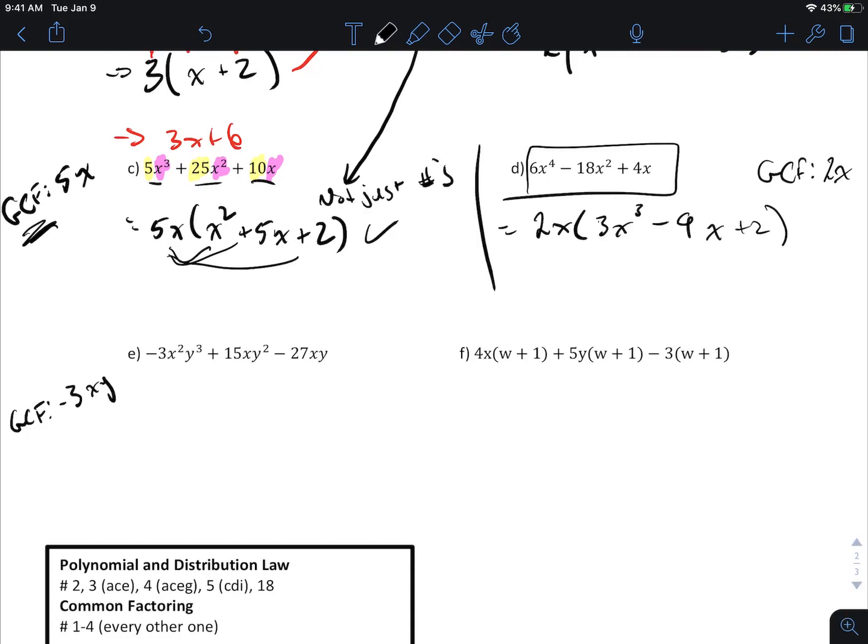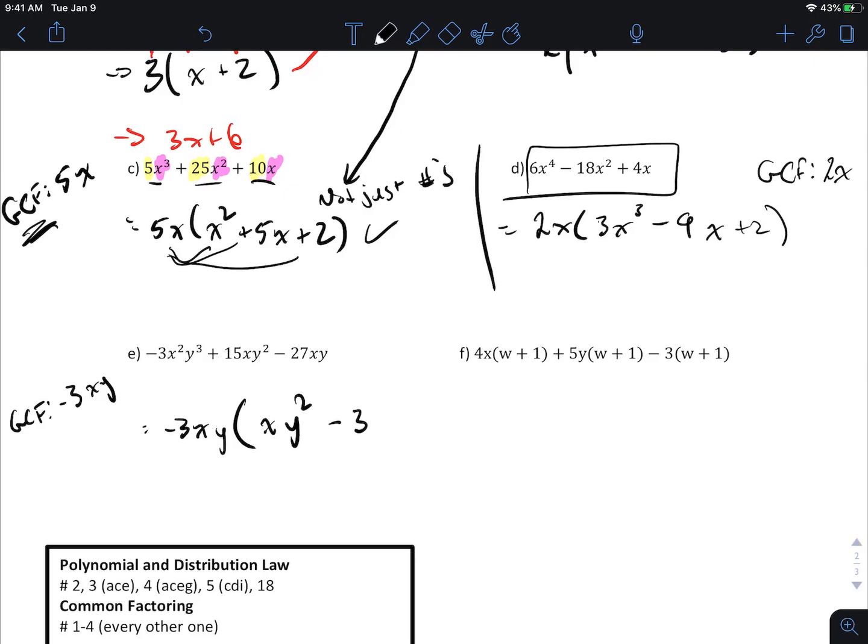Now I know I have to take this out. What's left after I've taken it out? Negative 3x squared y cubed divided by negative 3xy is going to be xy squared. Next one, take the 3 out of the 15.